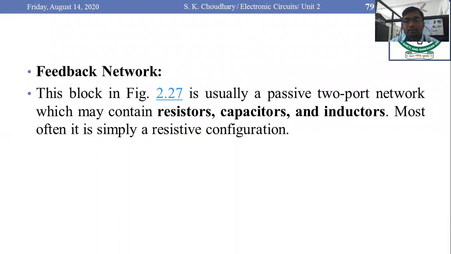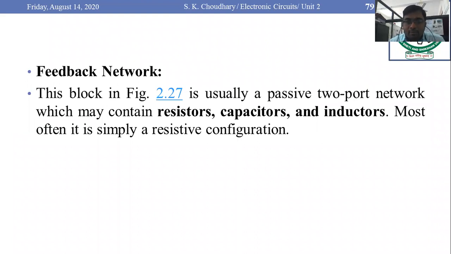Now the last point of this particular feedback amplifier is the feedback network. If you see, the feedback network is basically a two-port network which may contain resistor, capacitor, and inductor. This is very important. Generally in the feedback network we use passive devices, not active devices.